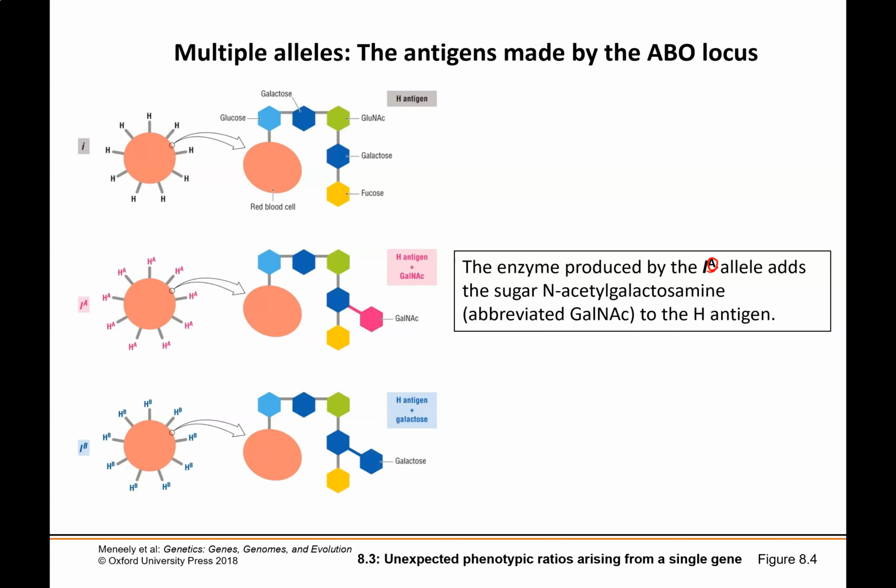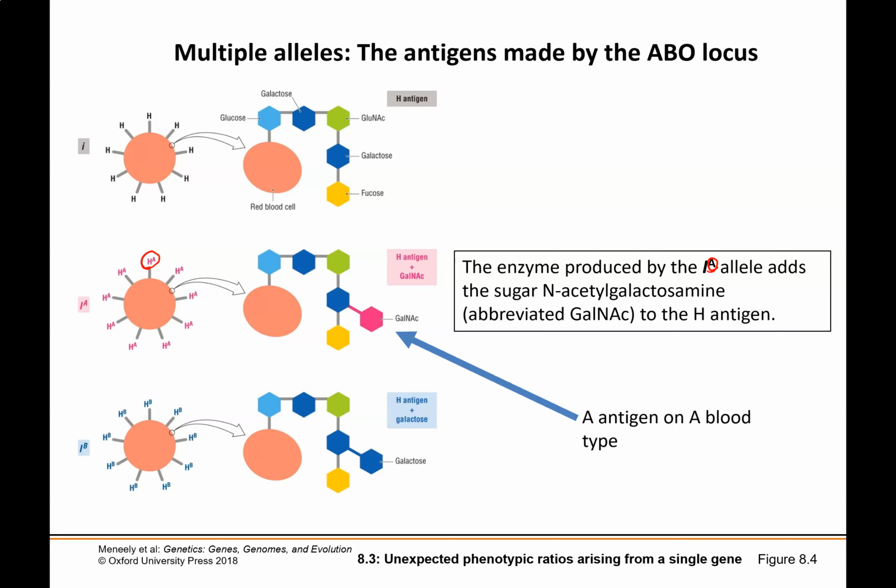If you are A blood type, on your H antigen, you have an A antigen. That functional glycosyltransferase is going to add a specific sugar there. We'll just call that the A sugar, which is why we indicate it by HA.